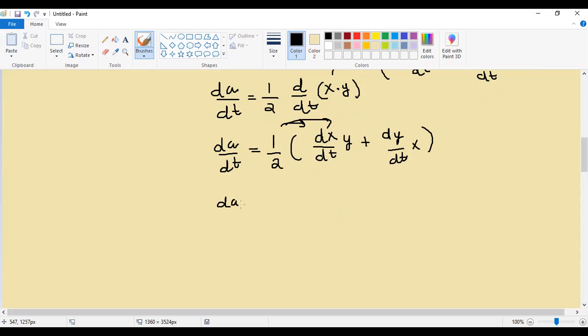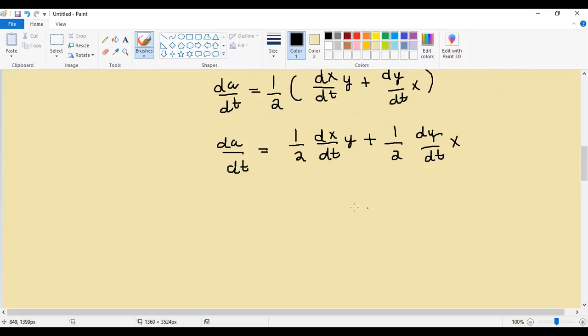So dA over dt again would essentially equal 1/2 dx over dt multiplied by y plus another 1/2 multiplied by dy over dt multiplied by x.